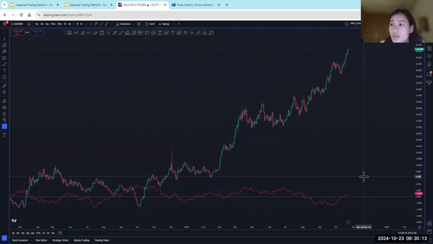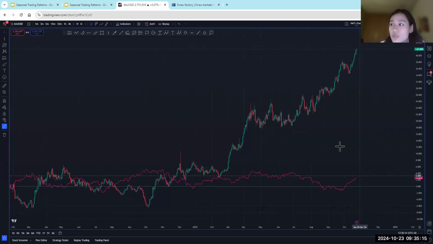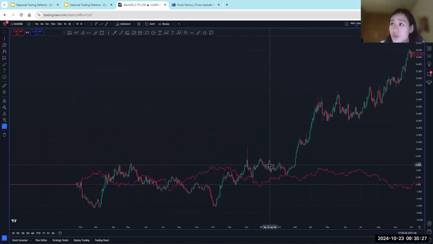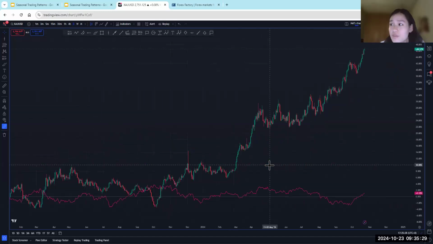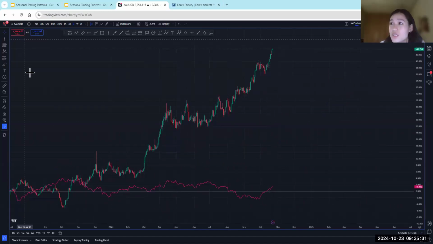They're not really inversely proportional, because just because one rises doesn't mean the other drops the same amount, but you can generally expect the opposite trend to take place for either one. So that's also another thing to take note of apart from the seasonal trading patterns.